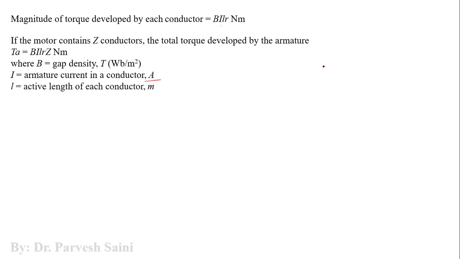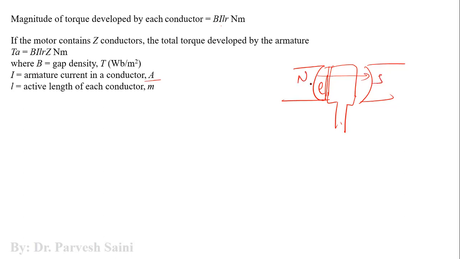That means if we have the magnetic field like this, and we have an elementary coil, this is what L is, the part of the conductor which is exposed to the magnetic field. If this is north and south, the direction of the magnetic field is this. The length of the conductor exposed to the magnetic field is taken as L.